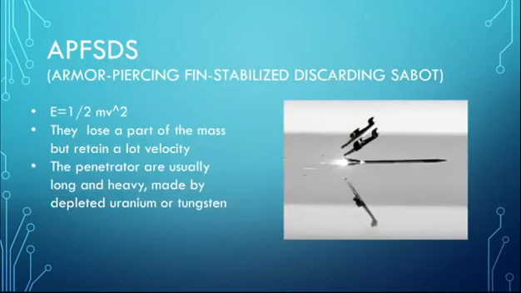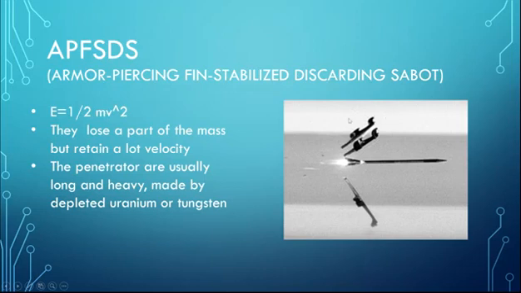The APFSDS is a kind of armor-piercing shell that is commonly used on main battle tanks. We know that momentum and kinetic energy are determined by mass and velocity, and the process of discarding the sabot, like this process, decreases the mass.